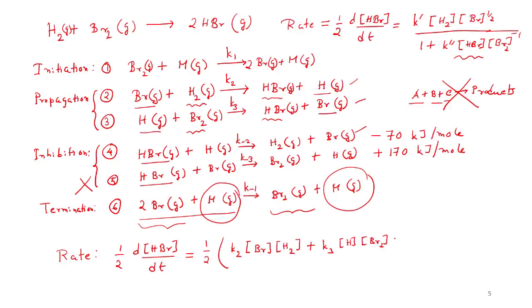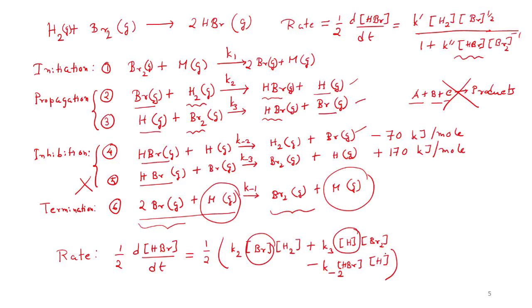It is minus K minus 2, HBr into H. So we see that in order to get the rate law, we have to know the concentration of Br and the concentration of H radical.